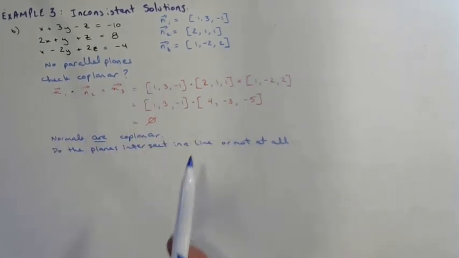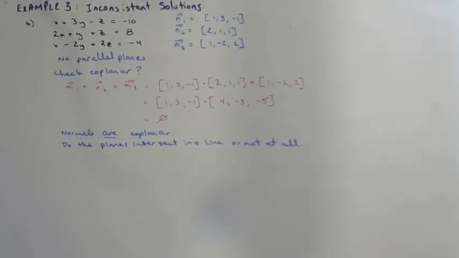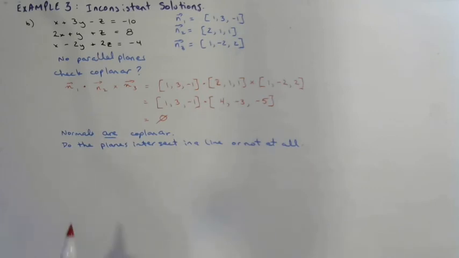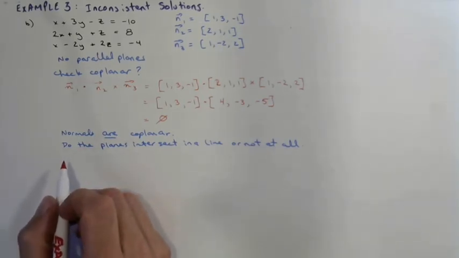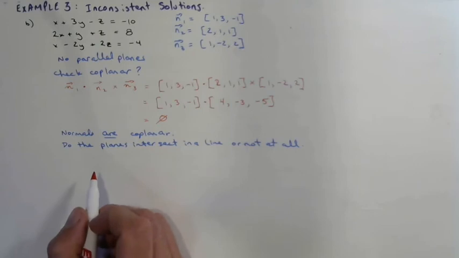So the whole working of it out might look exactly the same, whether it's consistent or inconsistent. Whether it intersects in a line or not at all, you still have to work out the process of substitution and elimination. So we have our three equations, and we're going to solve this system algebraically to determine if there is a solution.